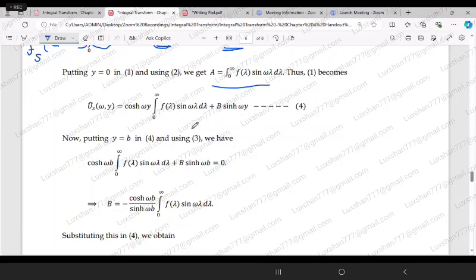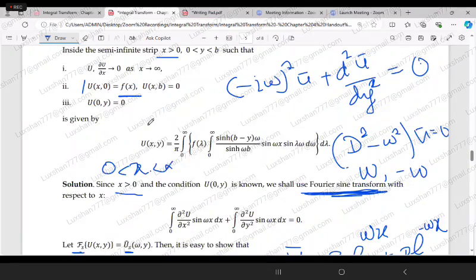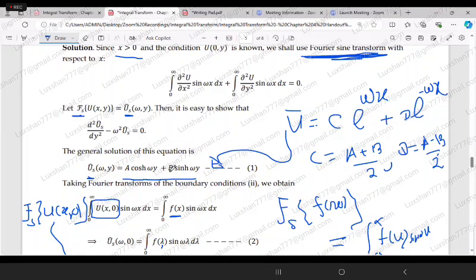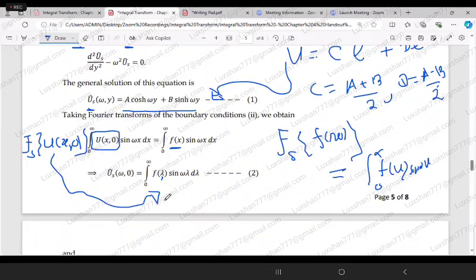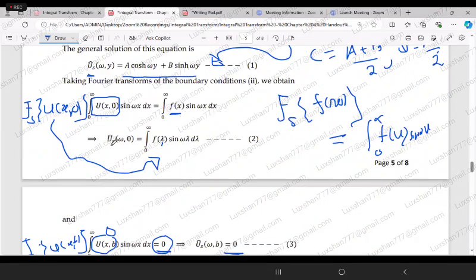These are just simplifications. Please try to understand this. In this general solution, we have two constants A and B, and in order to find them we are doing all this work.